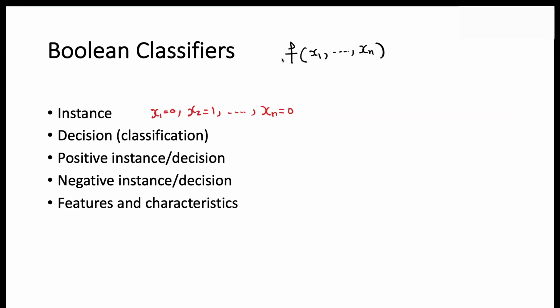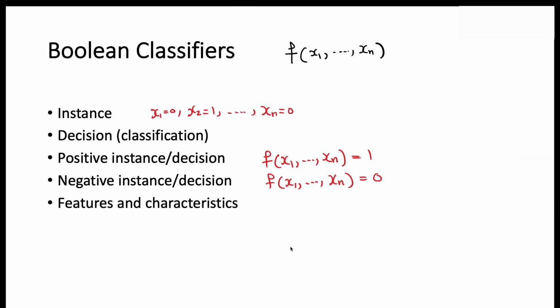So the classifier has made a decision on that particular instance, or a classification. And then we tend to distinguish between positive instances or decisions. This is when you evaluate the function on an instance and you get a 1. We say the classifier made a positive decision on the instance, and this instance is positive. Similarly, we have the notion of a negative decision, and then the instance in that case would be a negative instance.